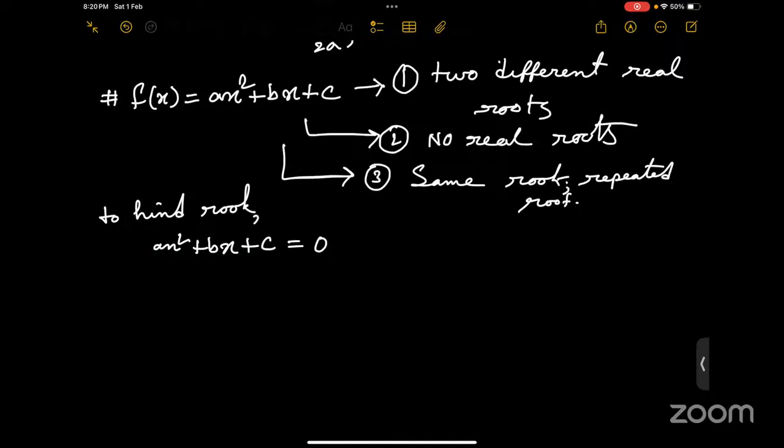That means we are basically equating our y-axis with 0, so we are finding the x-intercept. So the roots of an equation are nothing but the x-intercepts. Okay.